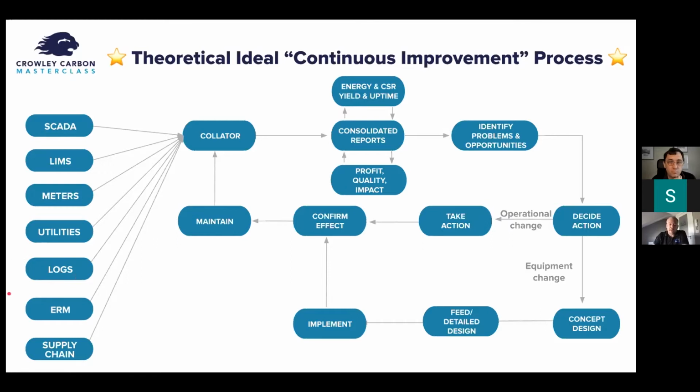And then the enterprise management systems, supply chains, and computerized engineering maintenance management systems. All that data is valuable.